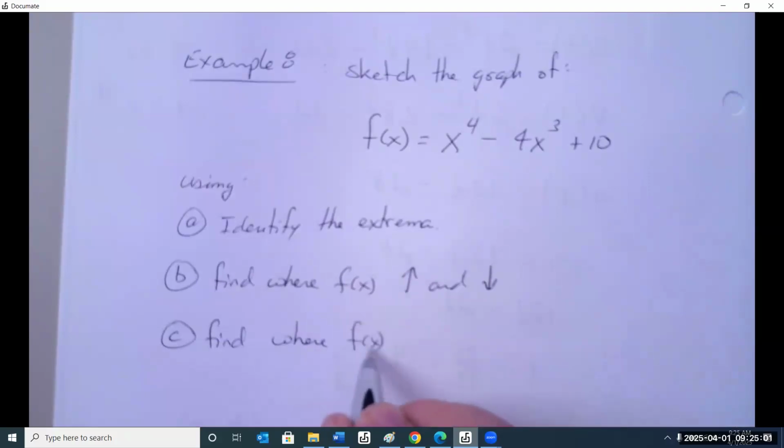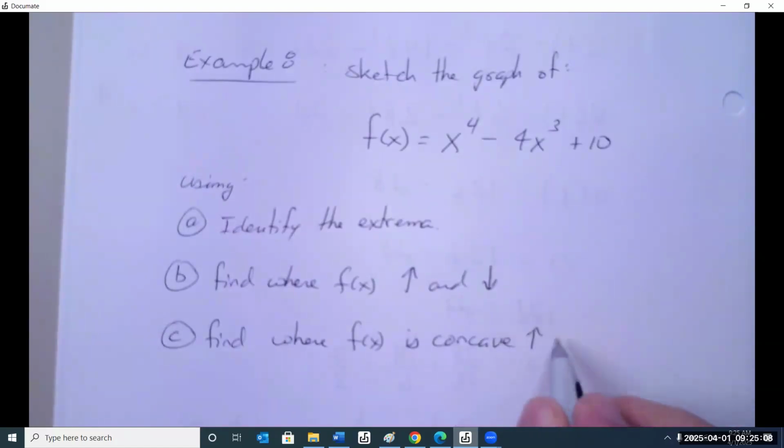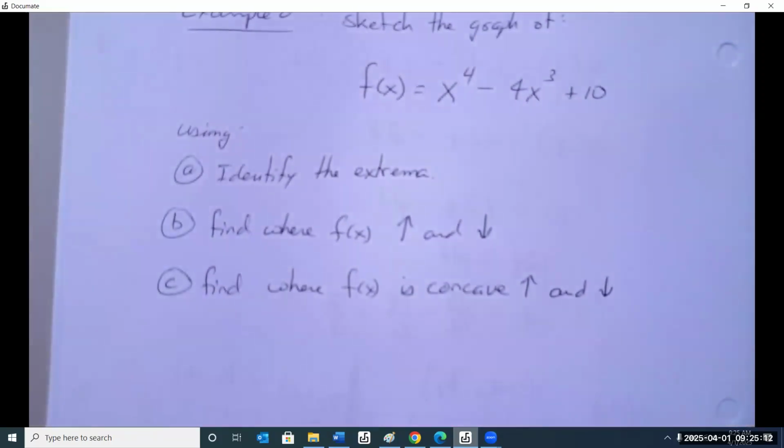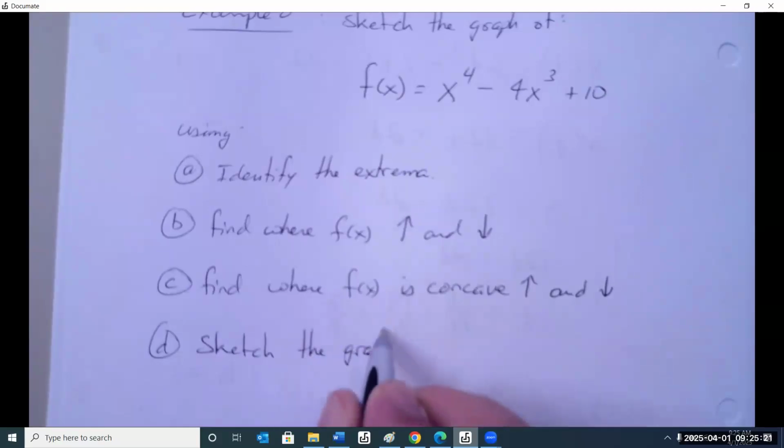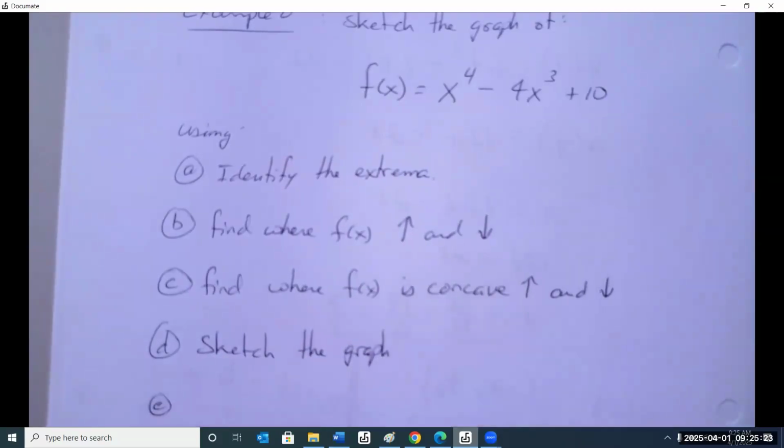Where f of x is concave up and down. Sketch the graph. Plot some points.